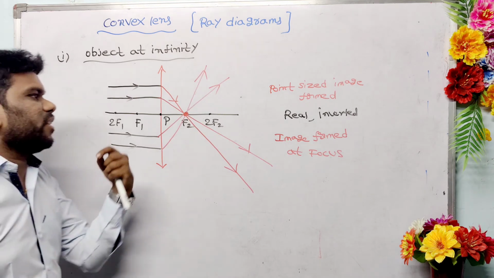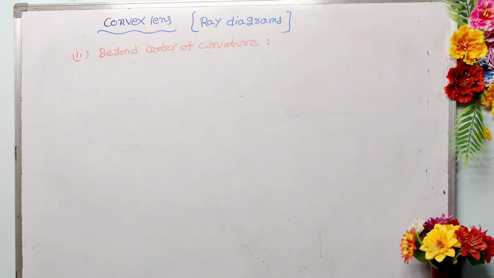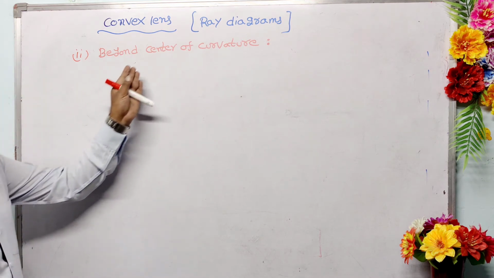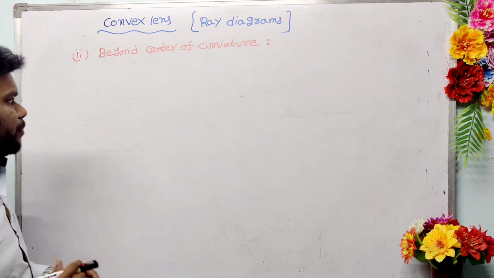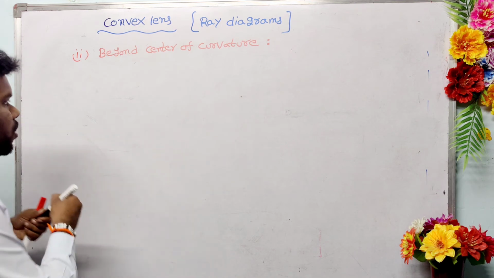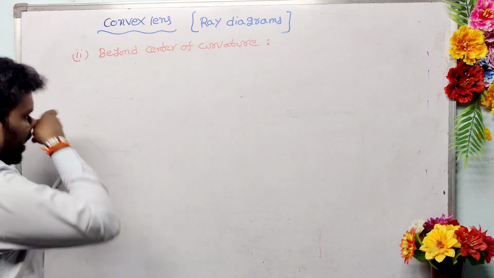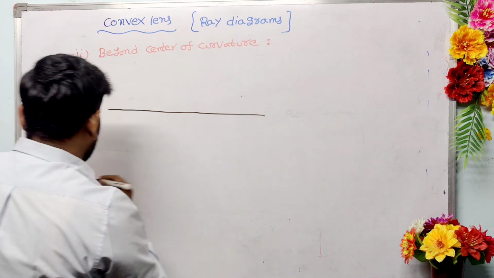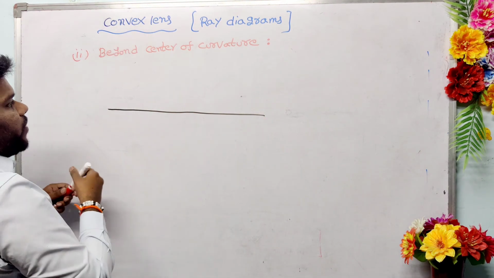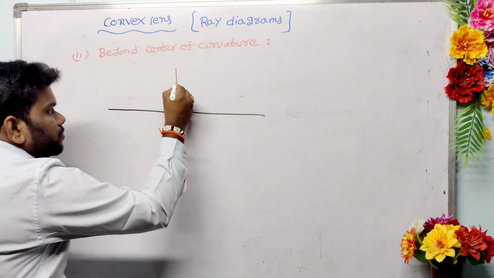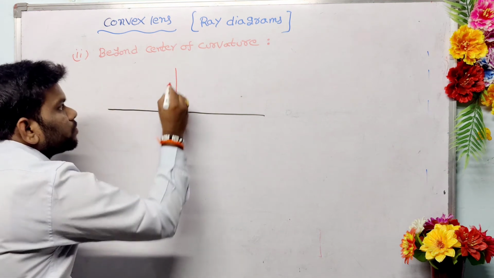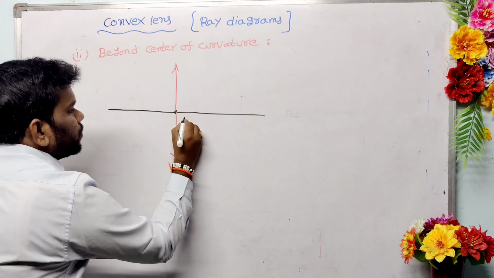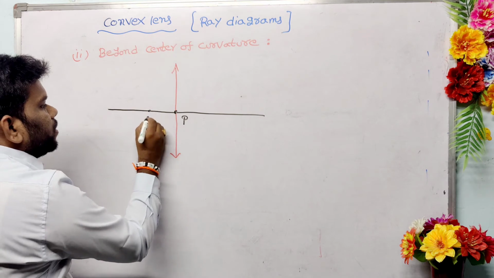Now we will enter into the secondary diagram. Now secondary diagram, beyond center of curvature. It is very important, beyond center of curvature. Now again I will draw the principal axis, and this is the convex lens. This is pole, means optic center.